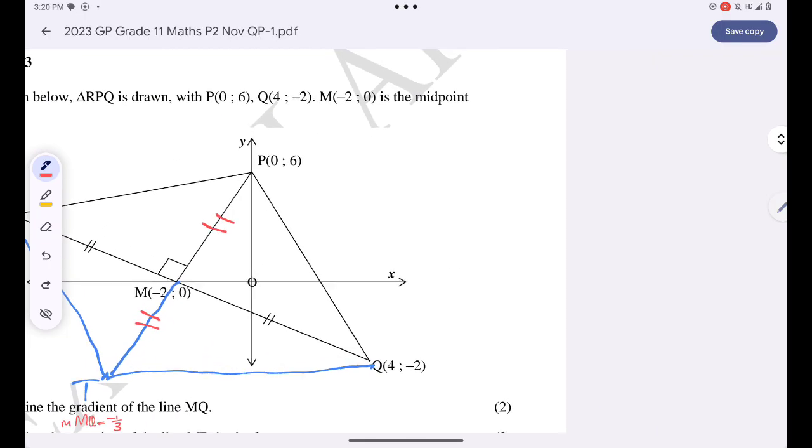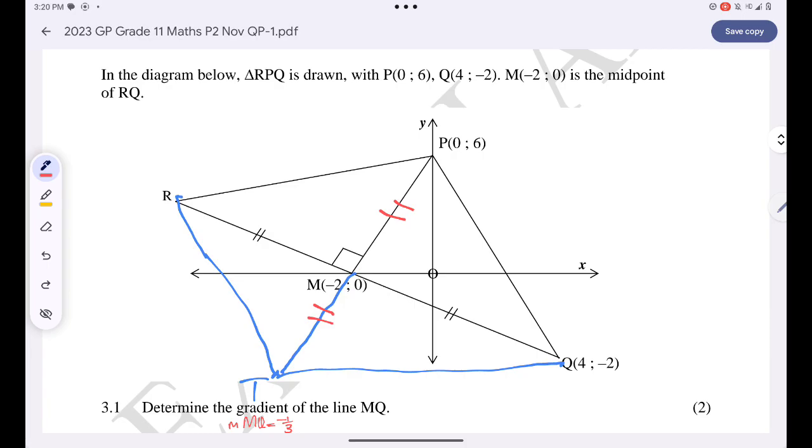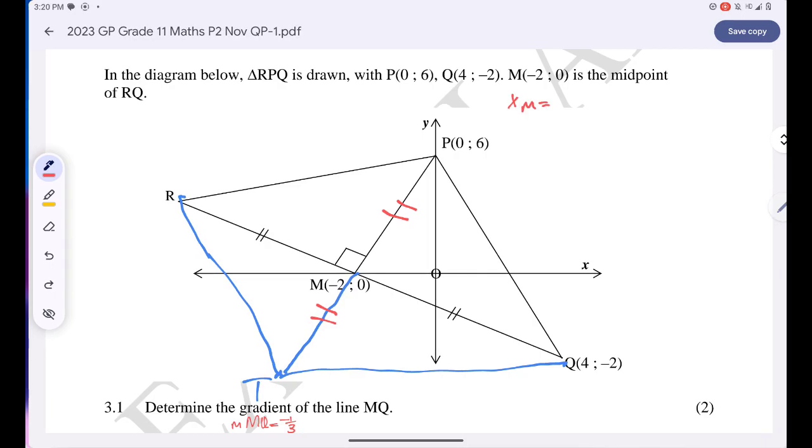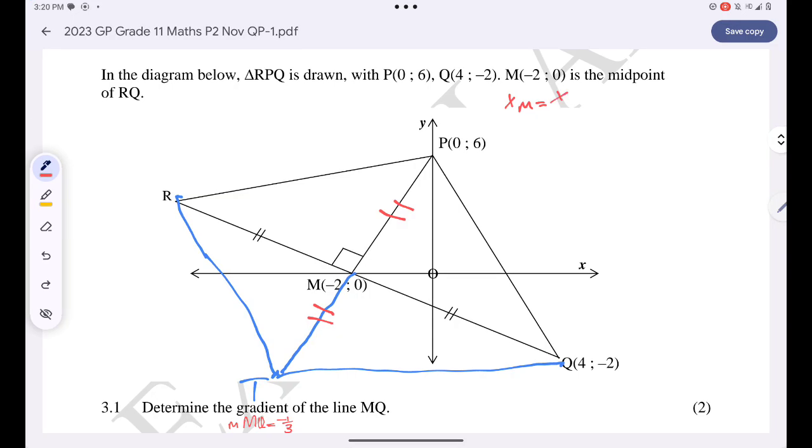So to find T, the x value at M is the x value at P plus the x value at T all over 2. Same thing with y. The y value at M is the y value at P plus the y value at T all over 2.